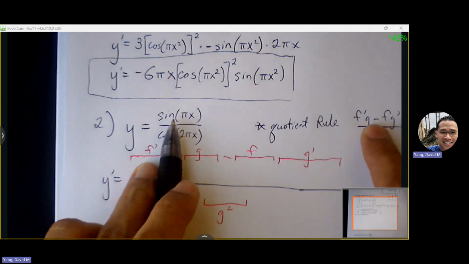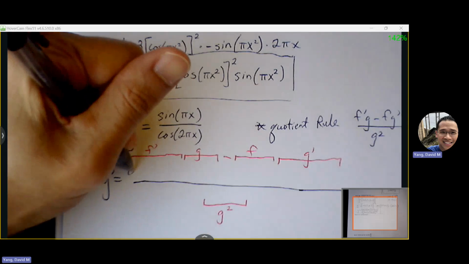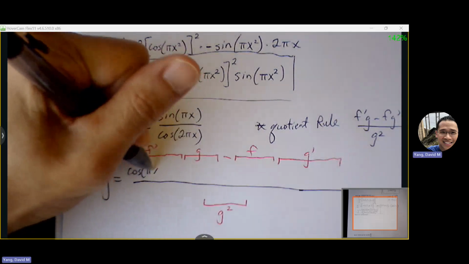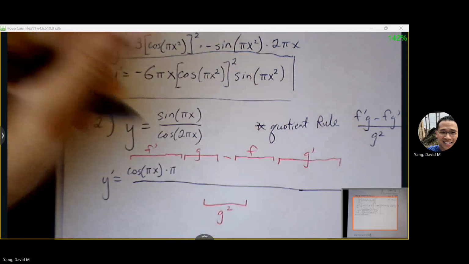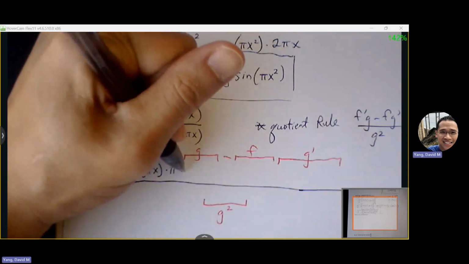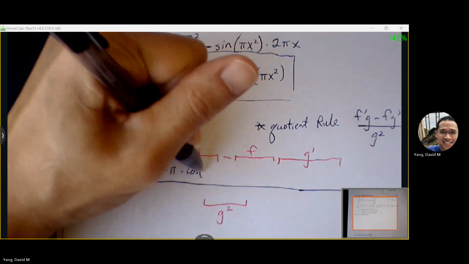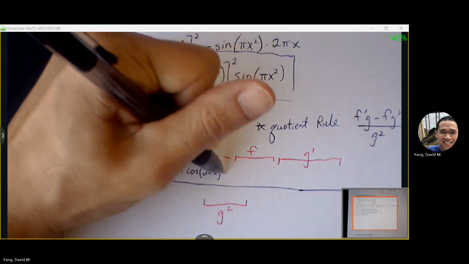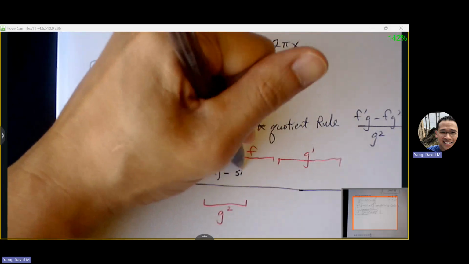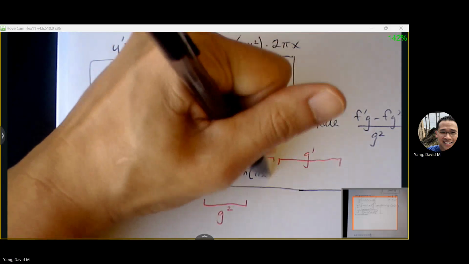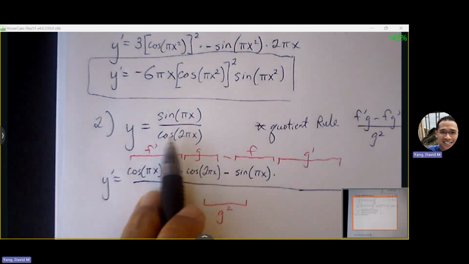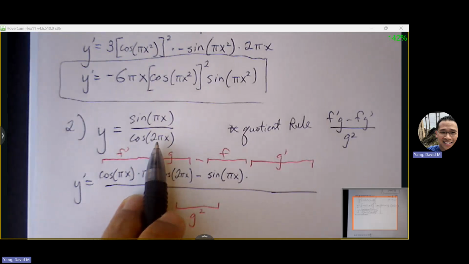Okay. Sine of pi x's derivative, sine of u becomes cosine of u times u prime. G stays. F stays. G prime, cosine's derivative is negative sine of u times u prime.